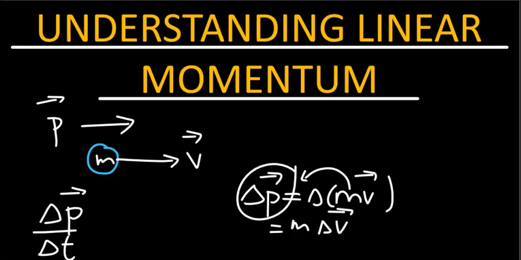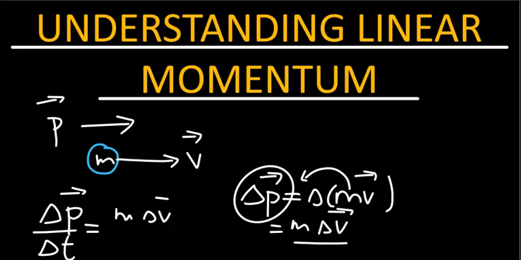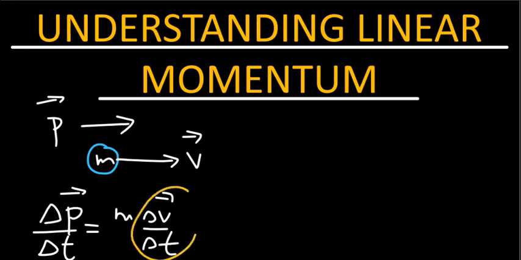So delta p, the change in momentum, is quite simply the mass times the change in velocity of the object. So we can simply write m delta v over delta t. This quantity right there is just the acceleration of the object. So we can write the change in momentum with respect to time equals mass times acceleration.